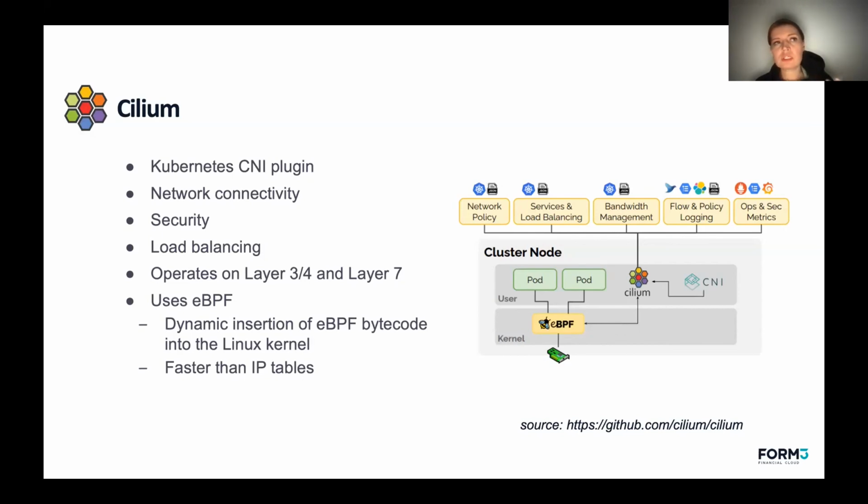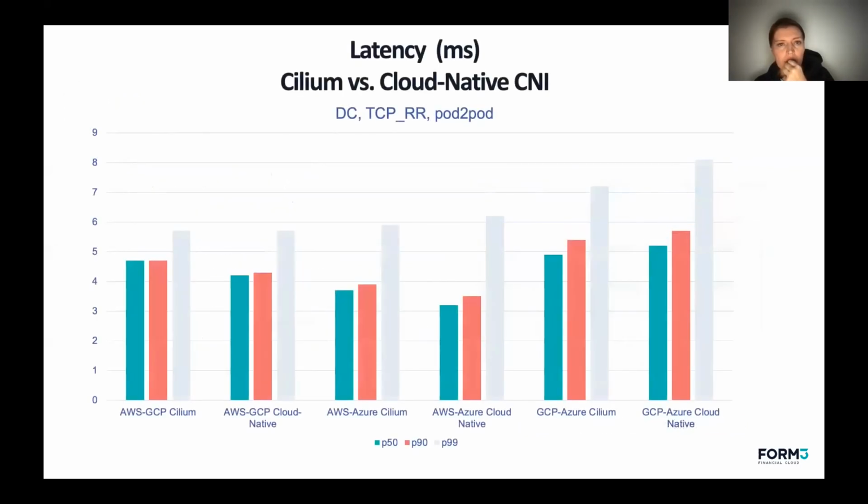That's because networking in clouds is different from a custom data center, where you have full control over your infrastructure and hardware. When you compare Cilium to cloud-native CNI plugins, you don't see much difference across clouds. For each pair, the results are pretty similar.